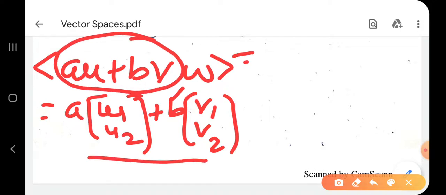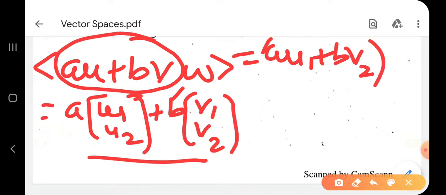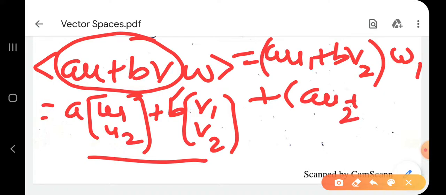Now by definition, what do I get? I get the first term (a u1 plus b v1) into w1, plus (a u2 plus b v2) into w2. Understood?